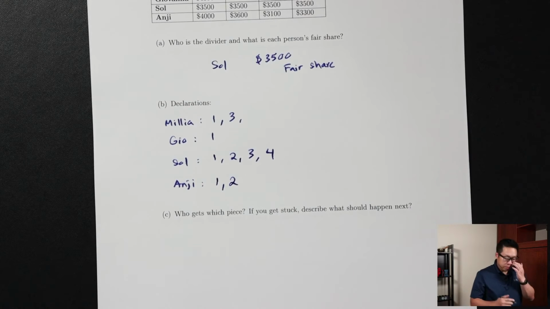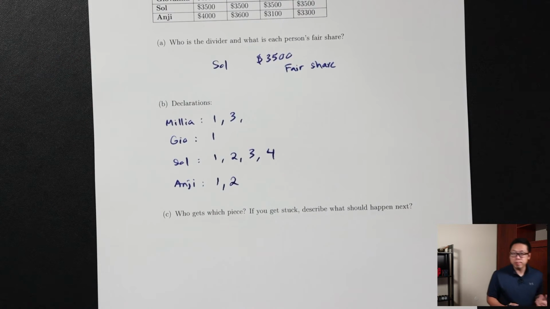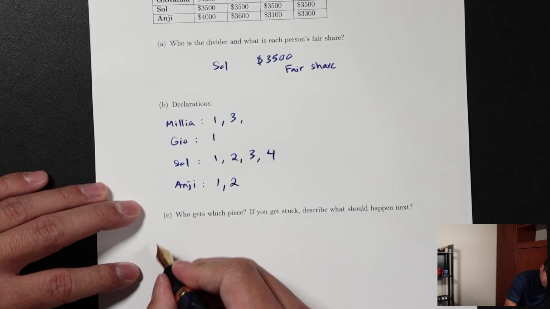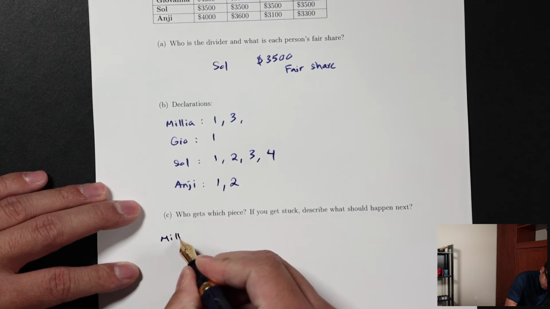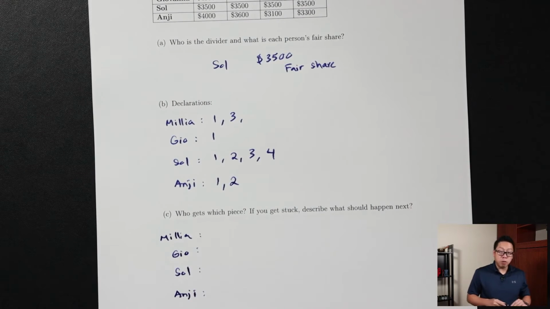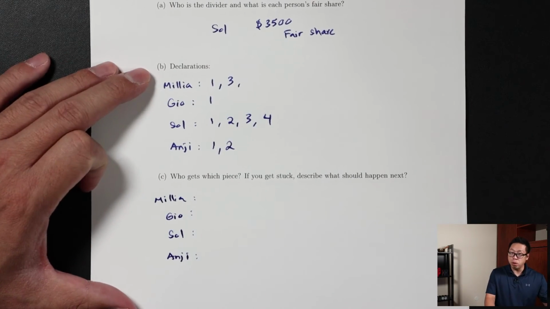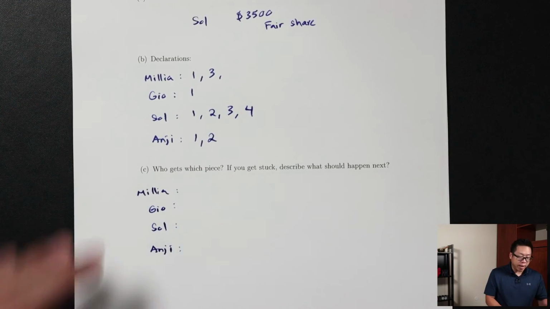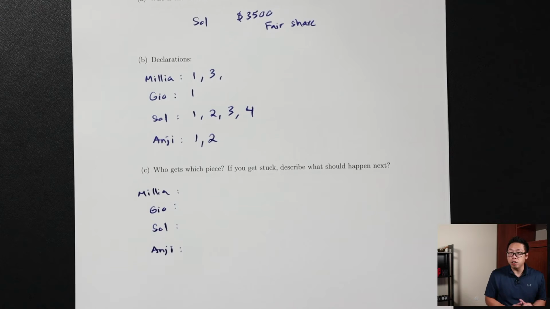Now the next step is to try to give each person a piece that's on their list. Let me rewrite everyone's name. Okay, so now we're just going to look at the list that we made in part B. Forget about the table. Our job here is to try to give everybody a piece that's on their list, so a piece that they would accept.